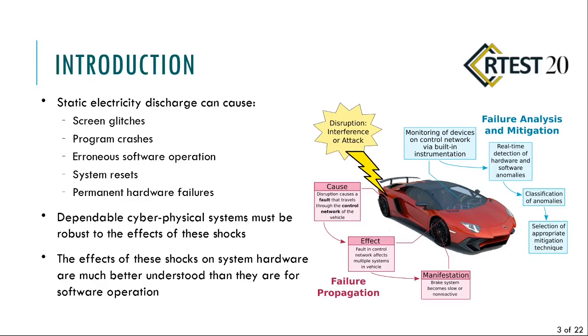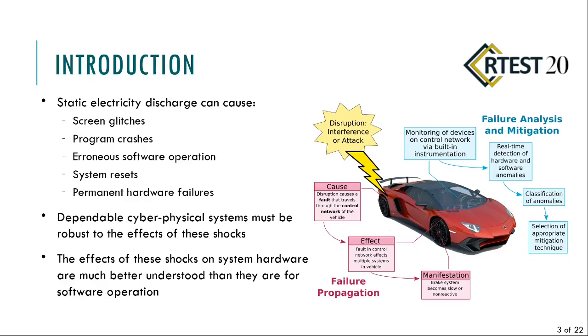So when a particular shock occurs, this causes a fault in some part of the system, and then the shock itself may propagate through the system and affect other components, or that component may fail and cause a cascading failure of other parts of the system. Nonetheless, the effect is that the fault travels through the system and causes some kind of user-visible behavior, for example, a non-functioning brake system.